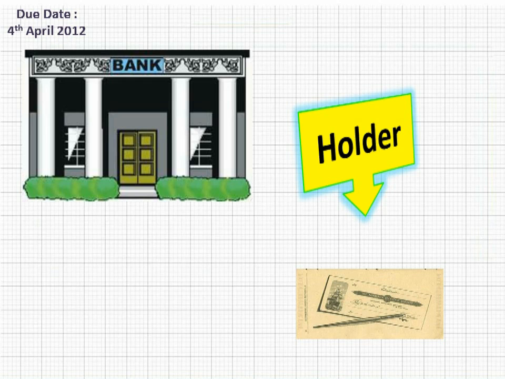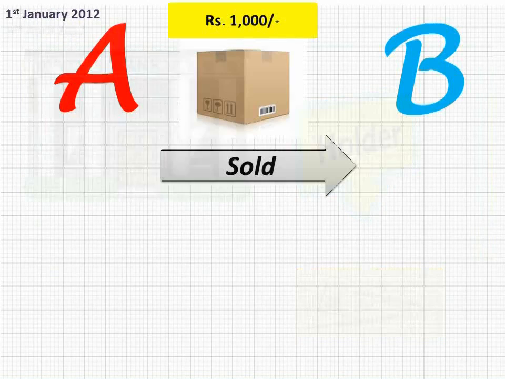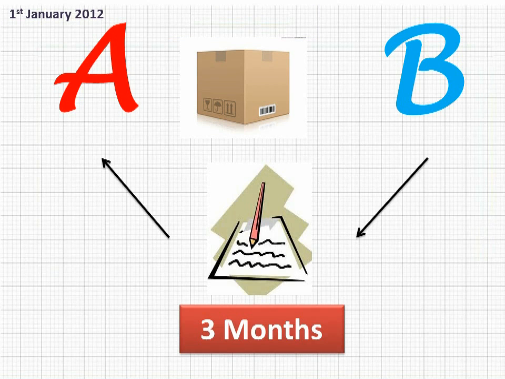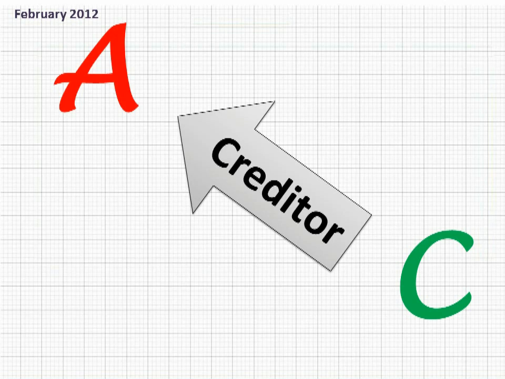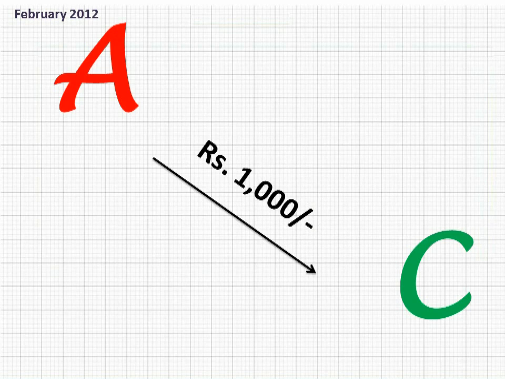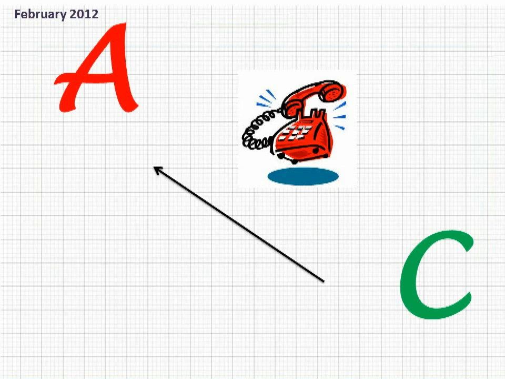Let's take another situation. Suppose on 1st of January 2012, A sells goods of ₹1,000 to B, and B accepts the bill for 3 months on the same date. In February 2012, there is one party C. C is the creditor of A, means A had to pay ₹1,000 to C, and C contacts A for the recovery of money.